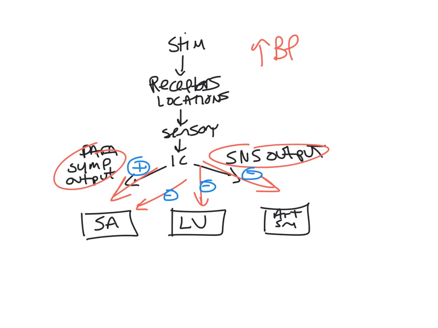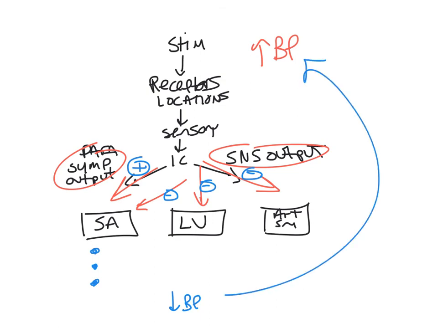I'm not going to finish this for you, but below your effectors, you're going to have the effector responses. This changes the firing rate of the SA node, which changes heart rate, which changes cardiac output, which reduces blood pressure, your final response. The left ventricular myocardium contracts with less force.